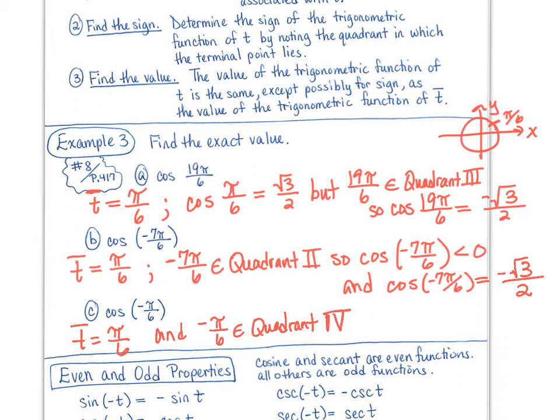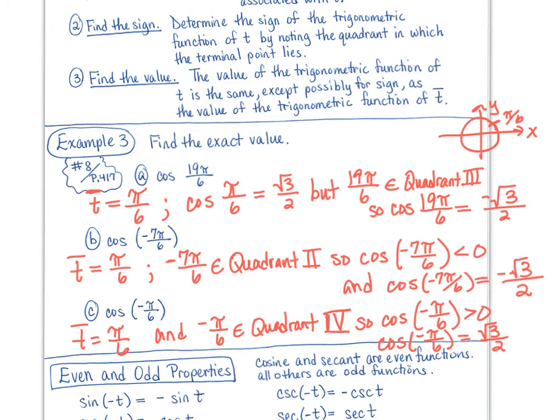Sorry, whenever I'm typing on the screen, I'm also hearing that, so I just didn't hear you. So it's in quadrant 4, good. So cosine is going to be what, positive or negative? Positive, good. So cosine of negative pi over 6 is going to be positive, and in fact you can say cosine of negative pi over 6 is what? Square root 3 over 2. You got it.